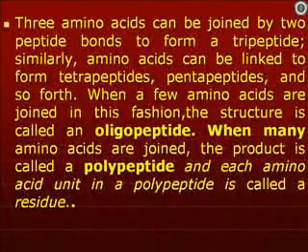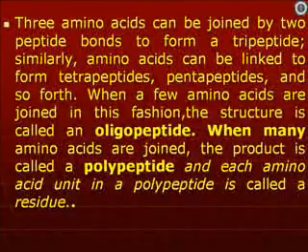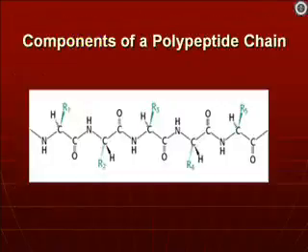Three amino acids can be joined by two peptide bonds to form a tripeptide. Similarly, amino acids can be linked to form tetrapeptides, pentapeptides, and so forth. When a few amino acids are joined in this fashion, the structure is called an oligopeptide. When many amino acids are joined, the product is called a polypeptide, and each amino acid unit in a polypeptide is called a residue.